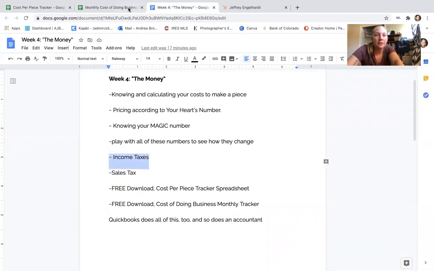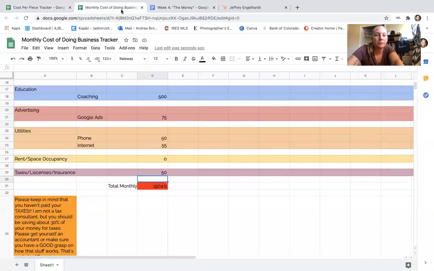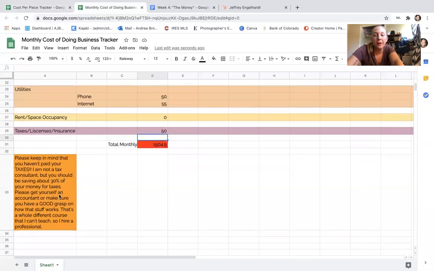Income taxes. Guess what? You still have to pay your income taxes because you are a business and you're making money. Disclaimer, I am not a tax consultant, okay? I am not an accountant. But I know that you need to be setting aside at least 30% of your money for taxes at the end of the year, okay?